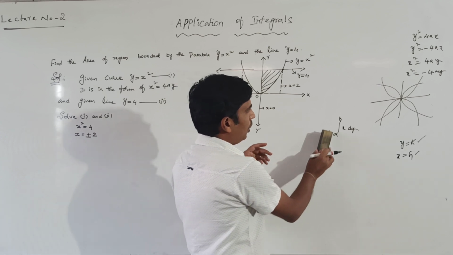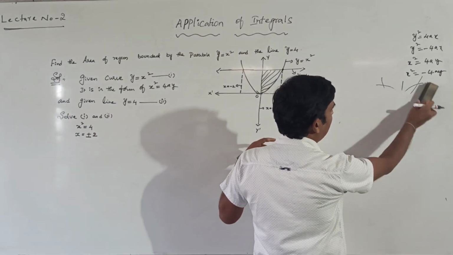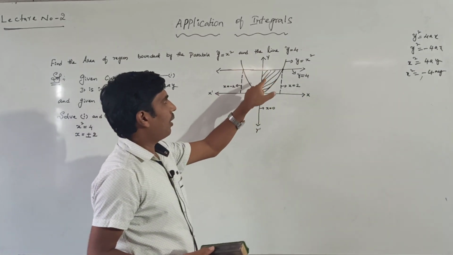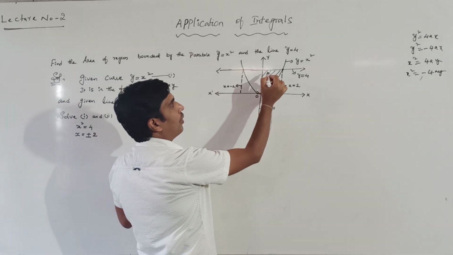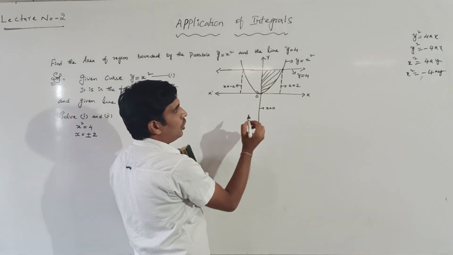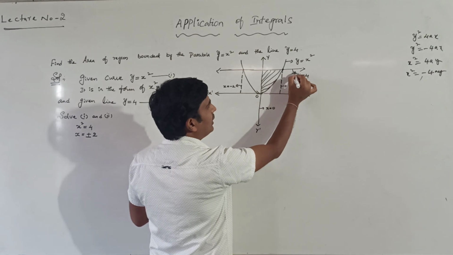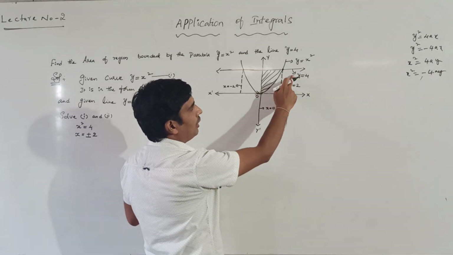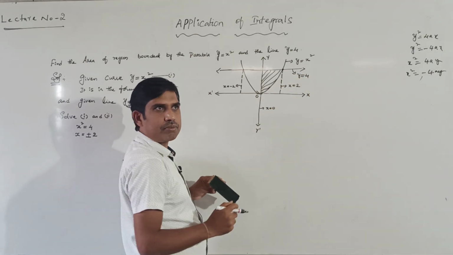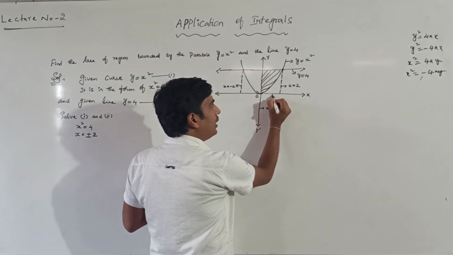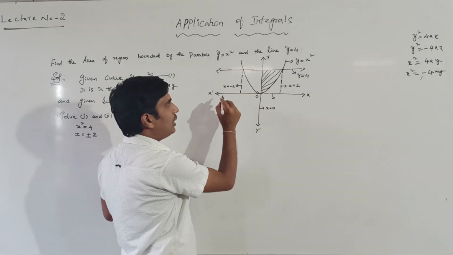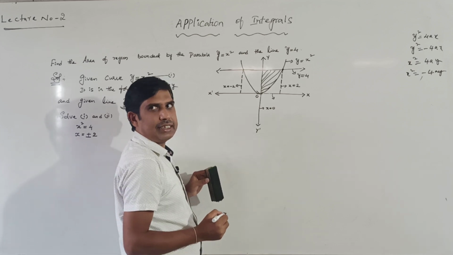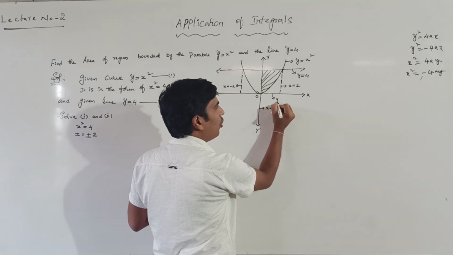So therefore here the area is bounded with the y-axis. Now what is this line equation? y is equal to 4. What is this line? Nothing but the x-axis. So what is the equation of the x-axis?